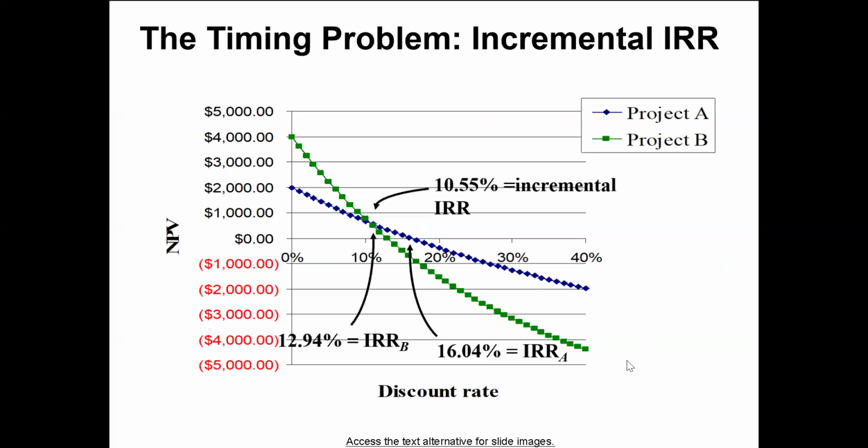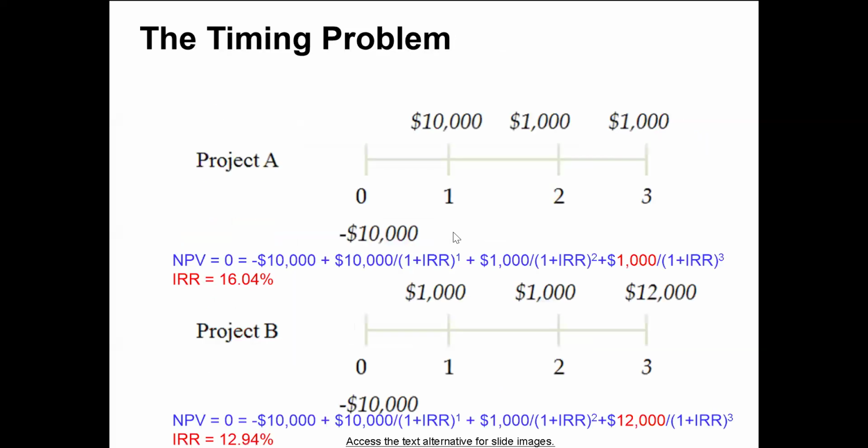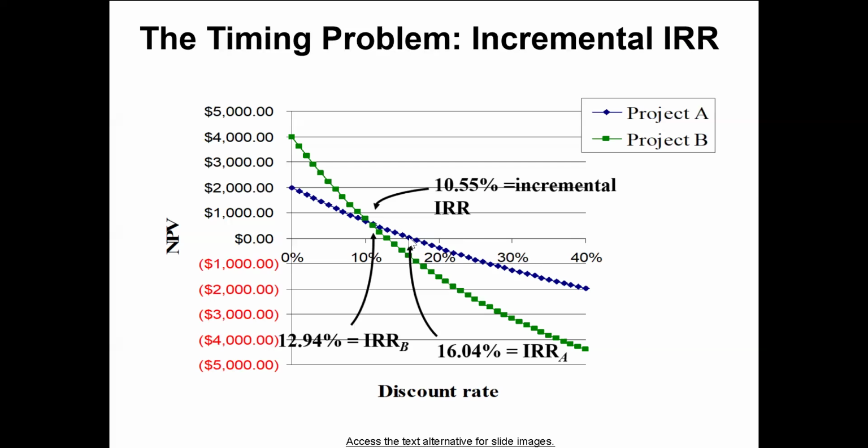You can see that the relationship between them is different for project A and project B. The green line shows the relationship for project B. The blue line shows the relationship for project A. We already calculated the IRR, 16% for project A, the blue line.